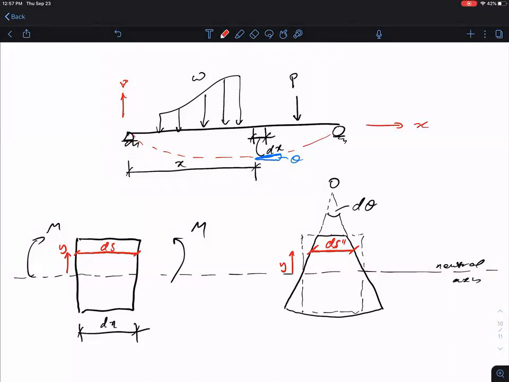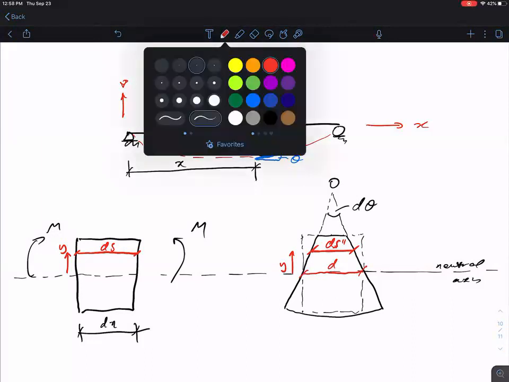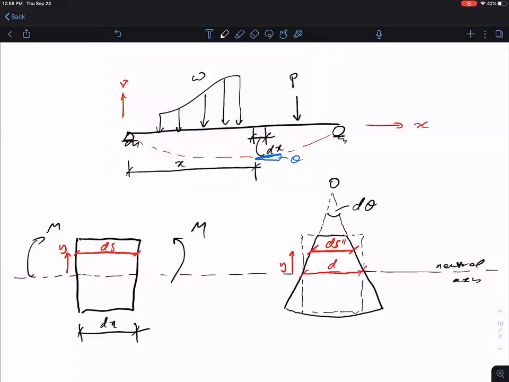And because dx is located at the neutral axis, the length dx actually does not change. Right, so at the neutral axis, that distance remains as dx.